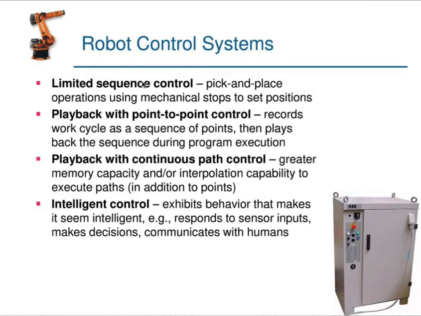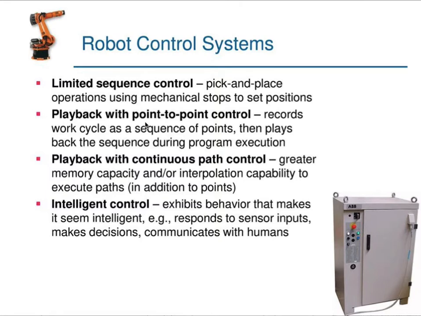Now we see the robot control system, how the control system operates in a robot. First, limited sequence control is used in pick and place operations, using mechanical stops to set the positions.